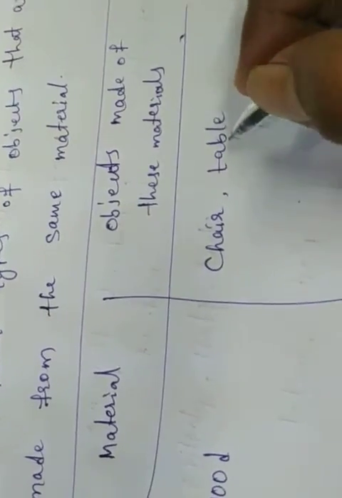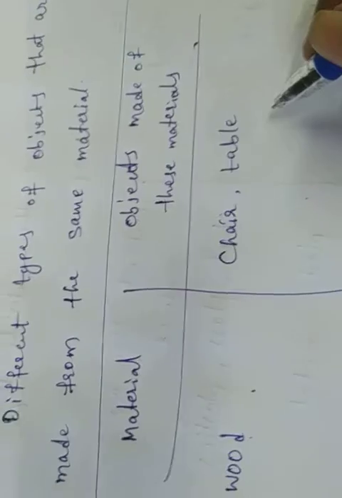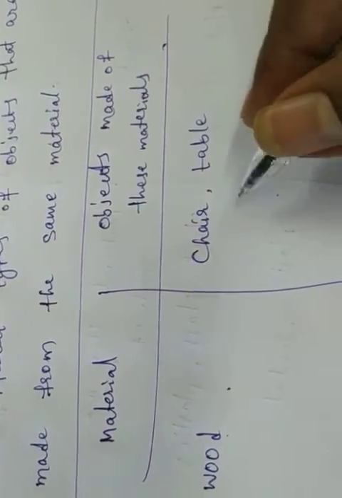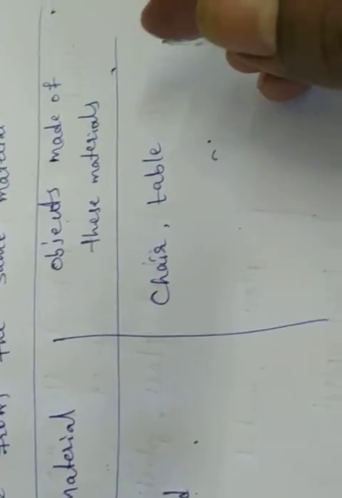The first column is the material, the second column is the objects made up of these materials. With this material, how many objects can we prepare?